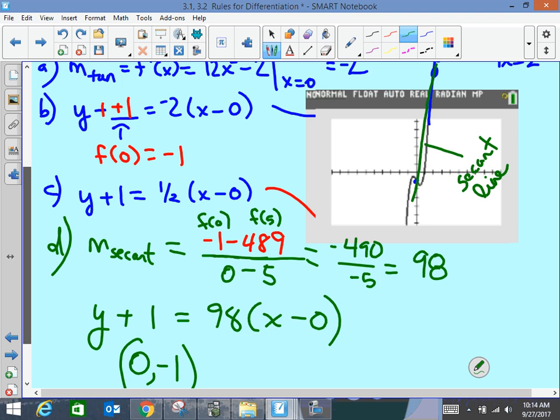Well, the point is, we could use (0, -1). Yeah, we could use (0, -1). What else? Or we could have used this point up here, which is... That's okay. You had to find it anyway, right? It's going to be -1. Yes.